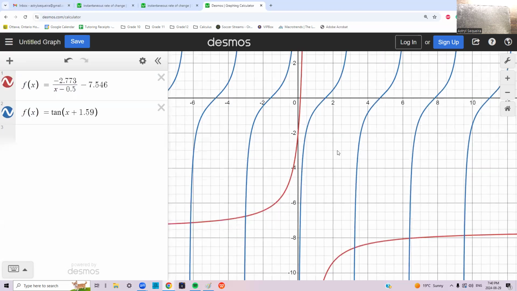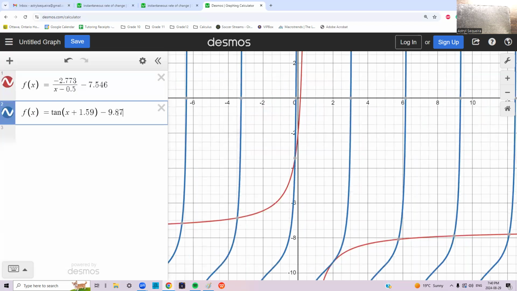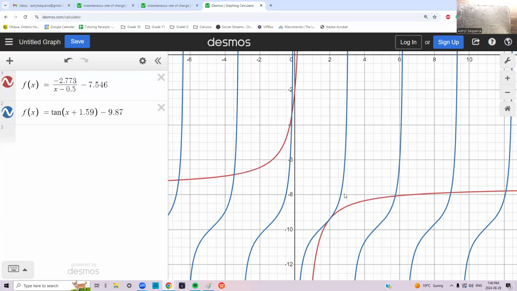I'm going to subtract those two values, and I get 9.87. So I can only move the tan function down, because if I move the rational function down, my y-intercept will no longer be at -2. So I'm going to move the tan function down -9.87 units. And now you can see that we satisfied all the conditions.